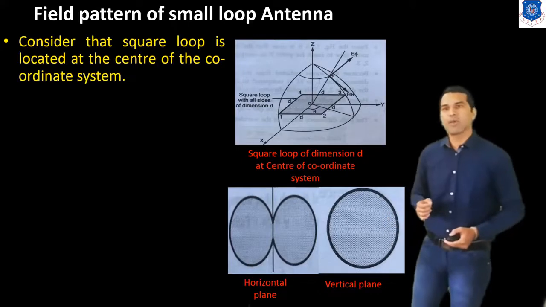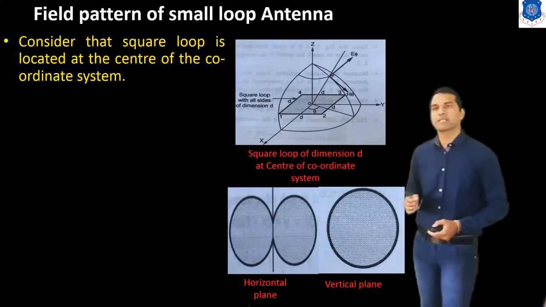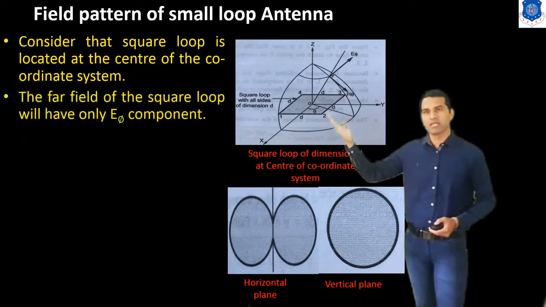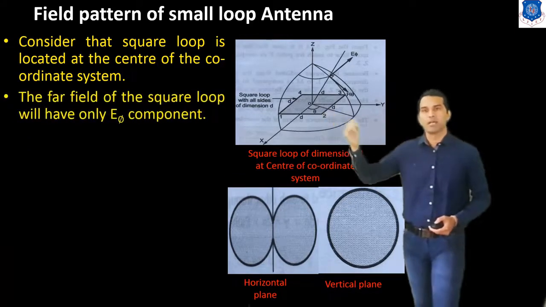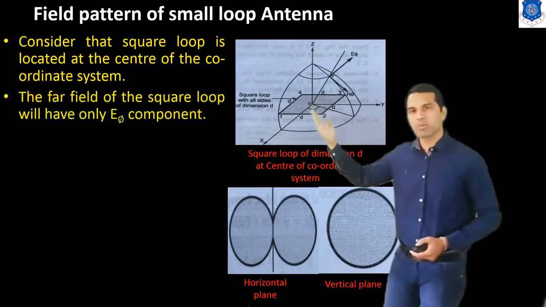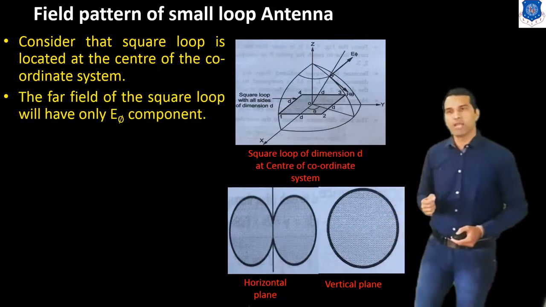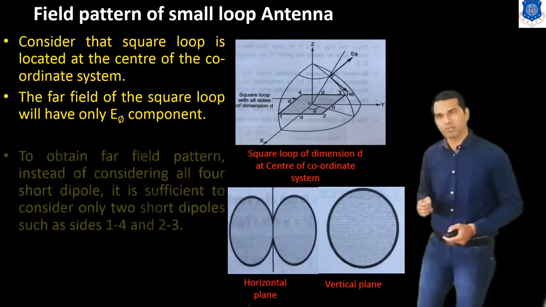Consider that the square loop is located at the center of the coordinate system. So here in this figure we can see the loop is represented at the center of the coordinate system. The far field of the square loop will have only the E phi component.